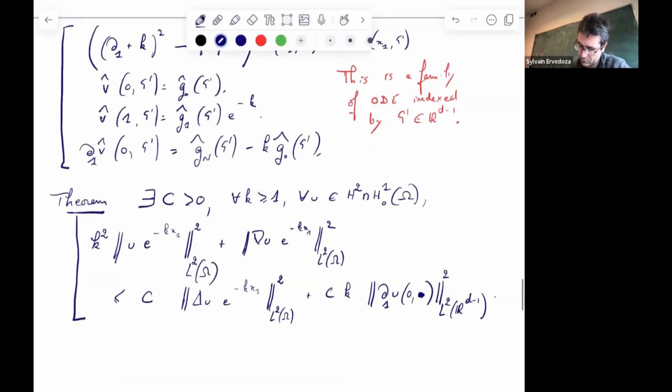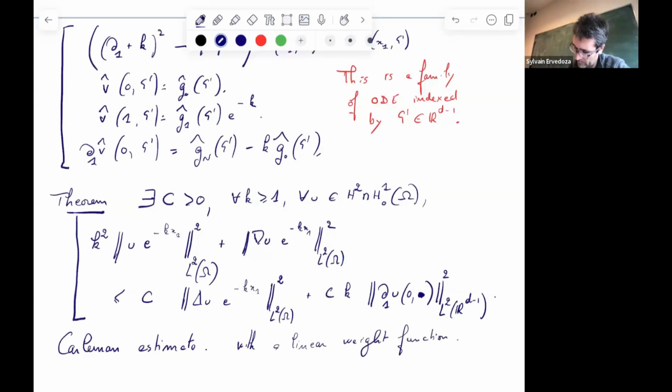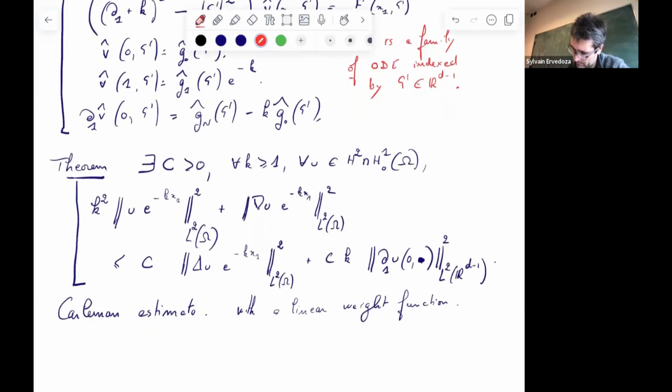Okay, so this is what I call a Carleman estimate, with a linear weight function. So the weight, by definition, is the function which is here. You see it will appear in each term, right? Here I could write exponential minus k times 0 in the last term, but it is 1, so I just remove it.